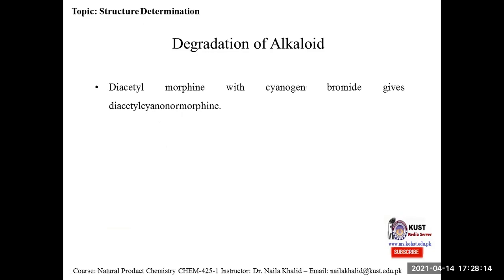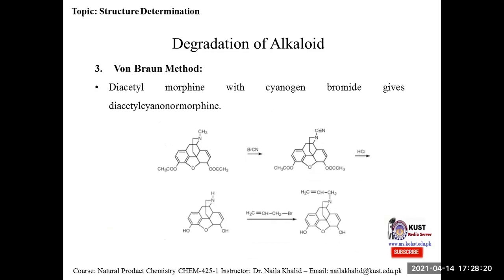You can also apply the von Braun method to morphine. For example, diacetyl morphine. This is the structure of diacetyl morphine. When it is treated with bromocyanogen, it gives this type of N-cyano compound. Upon reaction with HCl, it is hydrolyzed. This cyano compound is hydrolyzed in the presence of acid into NH.